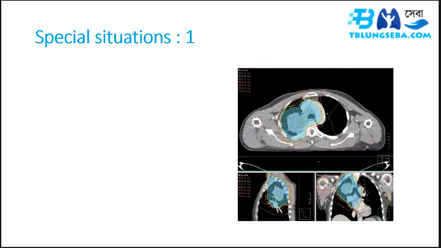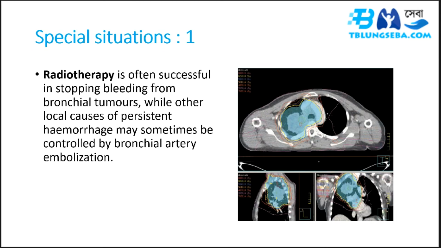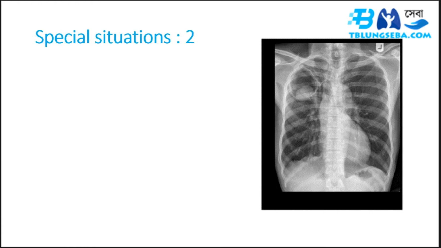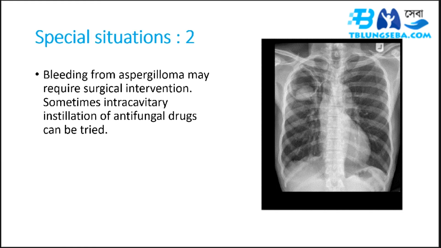Special situations. One, radiotherapy is often successful in stopping bleeding from bronchial tumors, while other local causes of persistent hemorrhage may sometimes be controlled by bronchial artery embolization. Two, bleeding from aspergilloma may require surgical intervention.